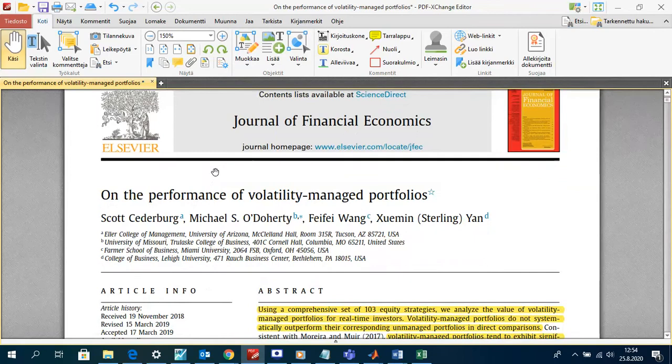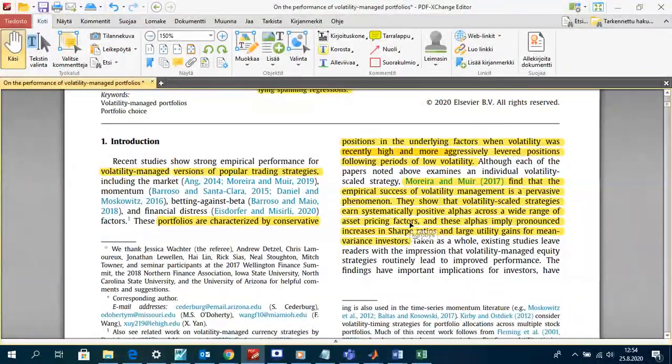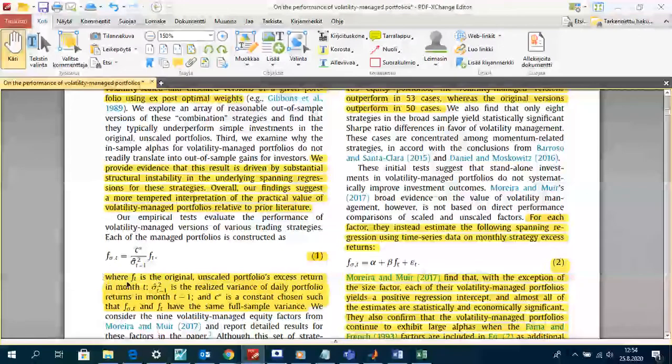And we have been discussing the paper on the performance of volatility management portfolios published in the Journal of Financial Economics. So what we want to do now is implement a strategy like the one given by equation 1.